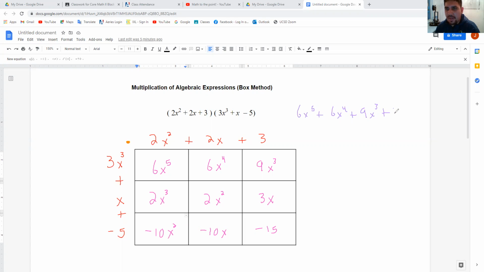And plus 2x to the power of 3 plus 2x to the power of 2 plus 3x. And the last row will be minus, you can put a plus, minus x to the power of 2, and then a plus another negative 10x, and then lastly plus a negative 15.